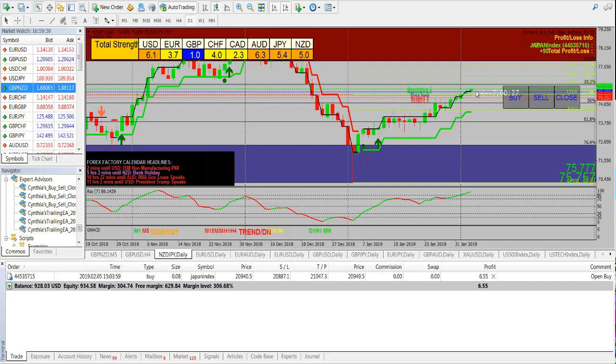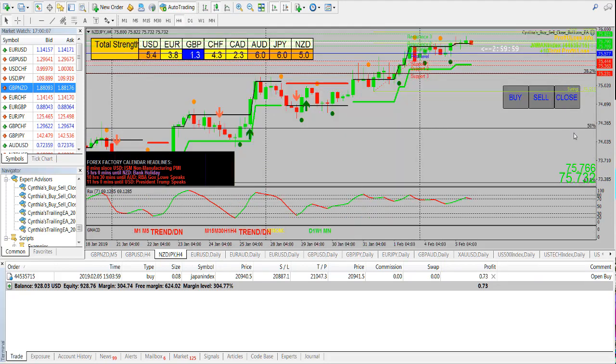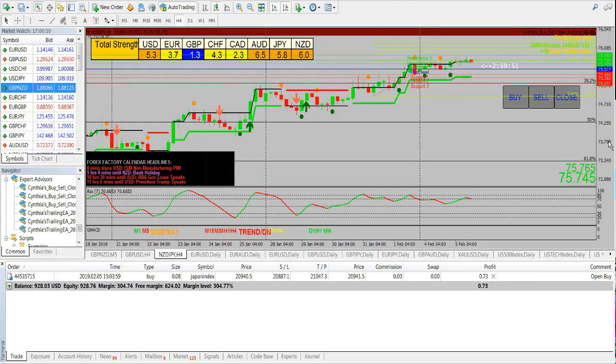But at this point in time, we can see on a daily chart the price is halfway between the red overbought area and the blue oversold area. So the price is right in the middle of overbought and oversold, so it's not very interesting. You can always jump down to the lower time frames to get more of a clue.